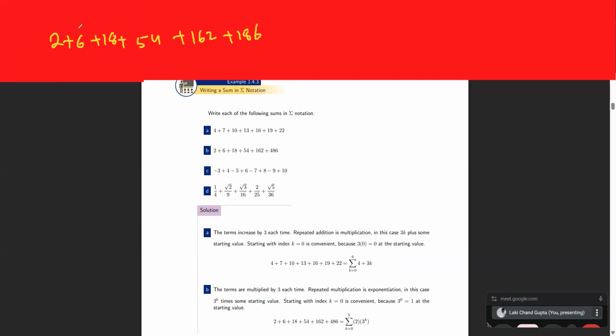You can see the number is increasing in multiplication form, right? 3 times, 3 times, 3 times. Each number is increasing by 3 times, right? When you multiply by 3, the number is increasing. It means that a multiplication of 3 is important and the initial number is 2, right?